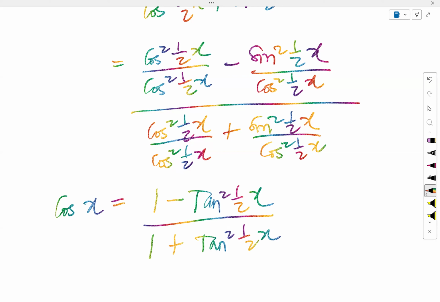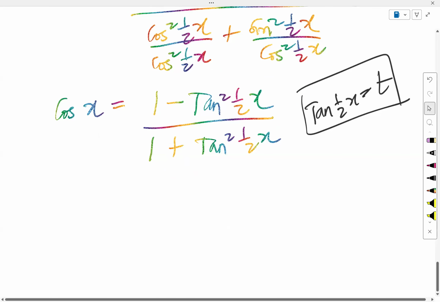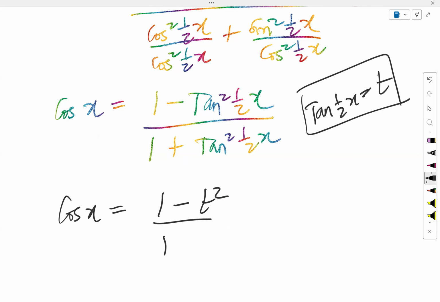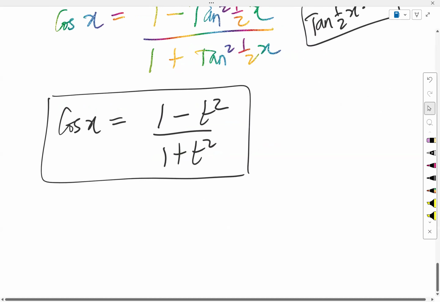So we come to that point where we say that tan half x is equal to t. So once we invoke this transformation, what do we get? We have that cos x is equal to 1 minus t squared all over 1 plus t squared. So that's what cos x is under that transformation.